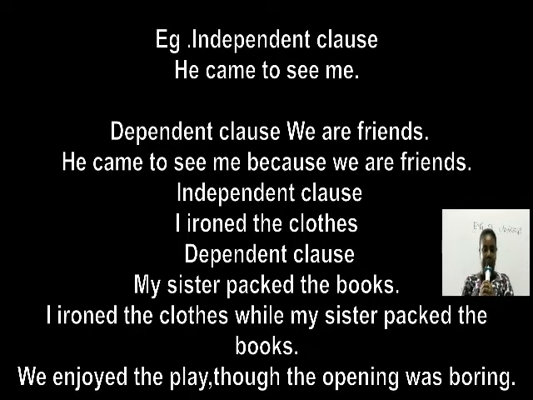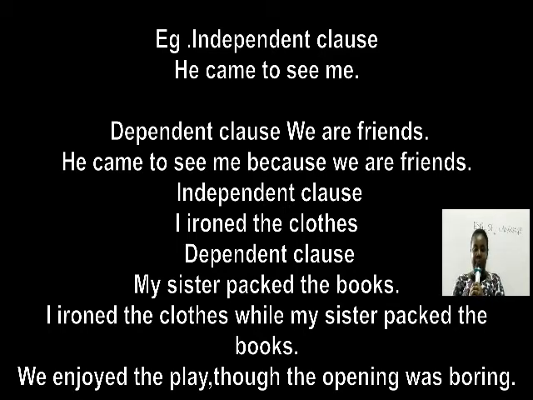Then we move on to another example. I ironed the clothes. That is an independent clause. Then we have a dependent clause, that is, my sister packed the books. Why did your sister pack the books? Because you were ironing the clothes. So we have, I ironed the clothes while my sister packed the books. Another example: we enjoyed the play, though the opening was boring.